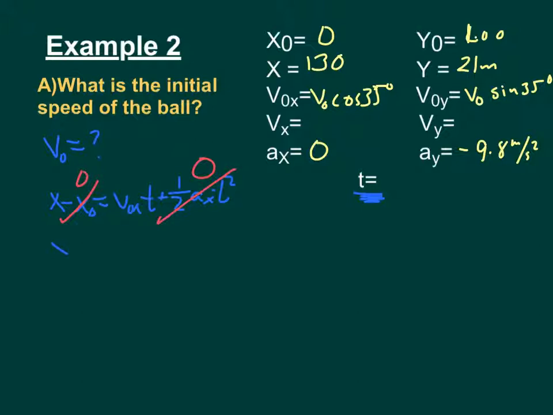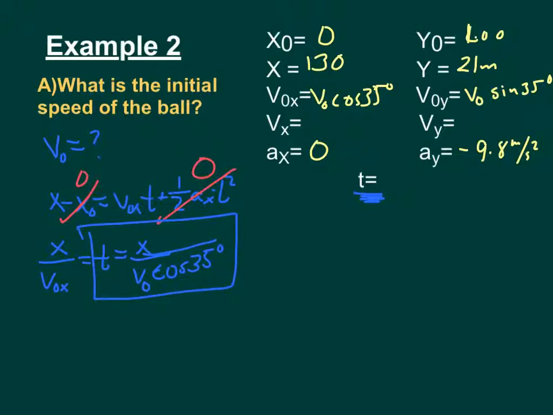And you get x final over v naught x equals t, which equals x over v naught cosine of 35 degrees, or cosine theta. So keep that in mind, and we're going to plug this in our next part.